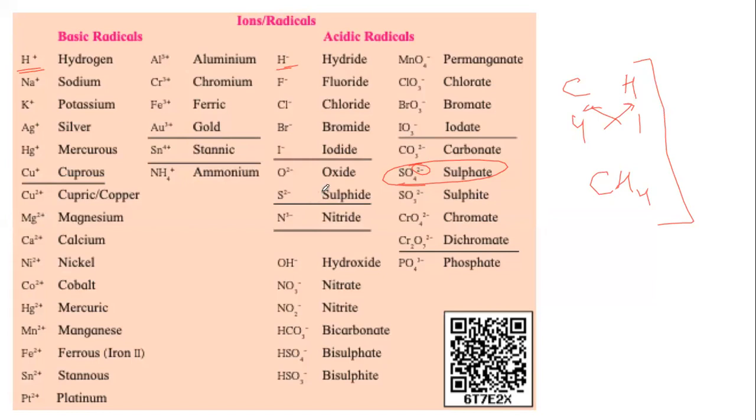Valency is the number of electrons that are taking part in the bond formation: the number of electrons that are transferred, lost, gained, or shared. So that concept remains the same. Everything here depends on electrons. And that is what we realized when we studied periodic classification of elements.